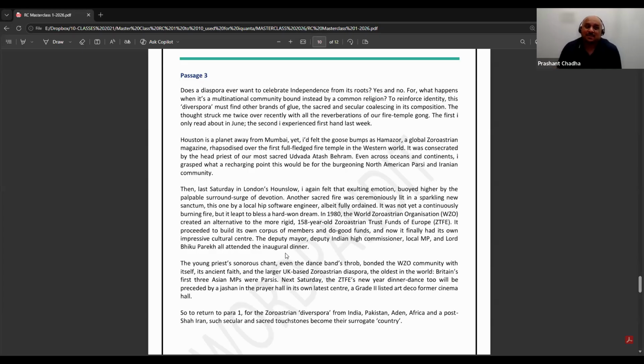And why build this temple? Otherwise you should have gone and built this temple in your original country. You don't build it there. So you want to celebrate yourself, you want to say that you're a Parsi as well, and yet you want to be in America as well, or in different parts of the world. So there is an inherent dichotomy there, right? And you cannot solve it. It's unsolvable.